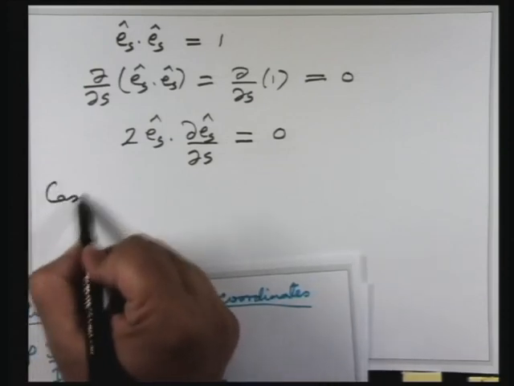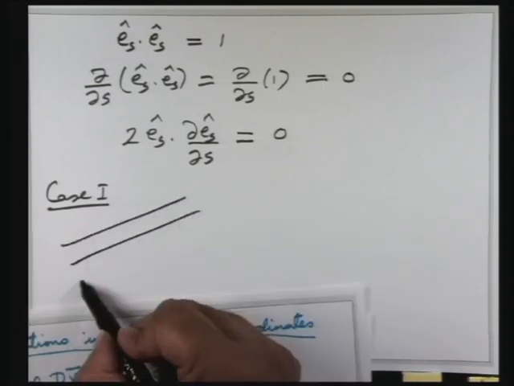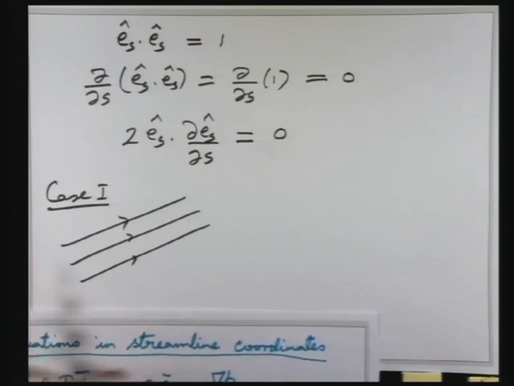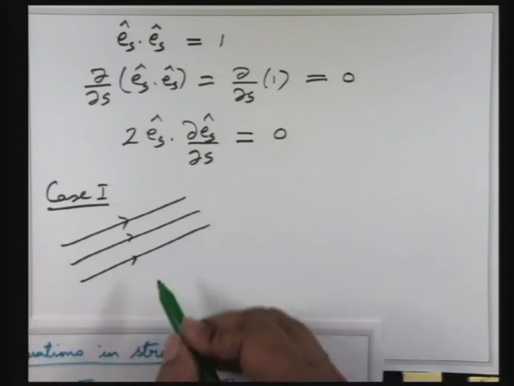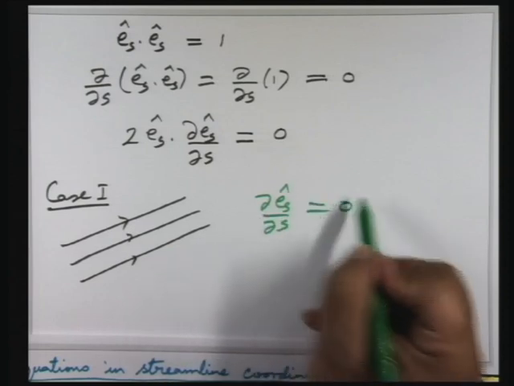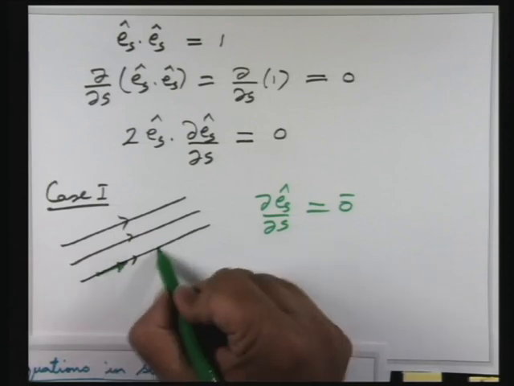Case 1, say the streamlines are straight lines. Now in this case, the unit vector del es del s will be 0. Why? Because here the tangent vector is this way, it is a straight line.